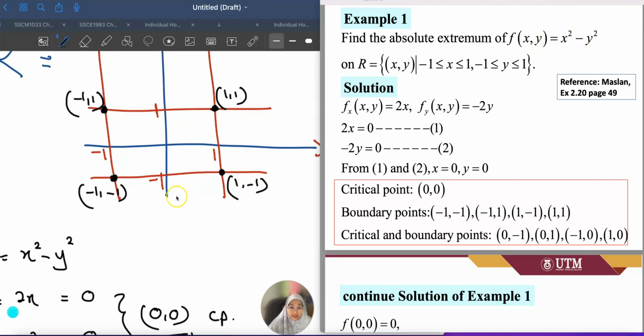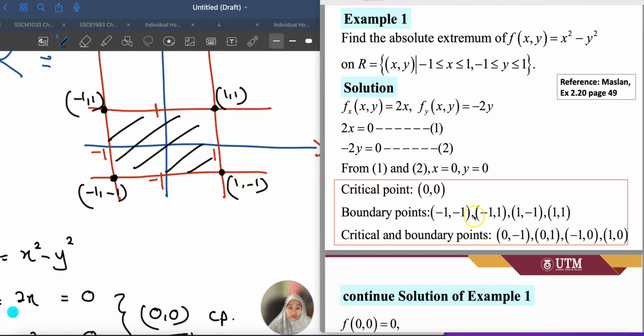You know that (0, 0) lies inside the region. If you obtain a critical point outside the region, you don't need to count it in, because we are not interested in that.